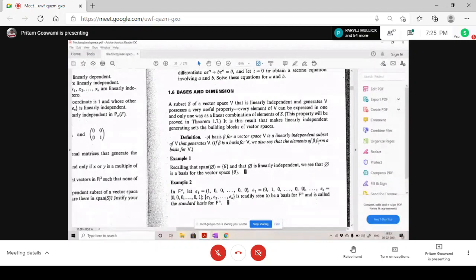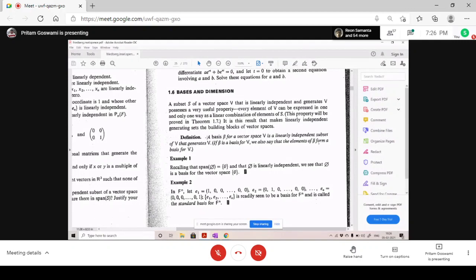If you recall the previous example in R3, I told you a basis was (0,1,0), (0,0,1) and (1,0,0). You can check it is linearly independent. In R3, you can say i vector, j vector, and k vector, those three unit vectors are linearly independent.